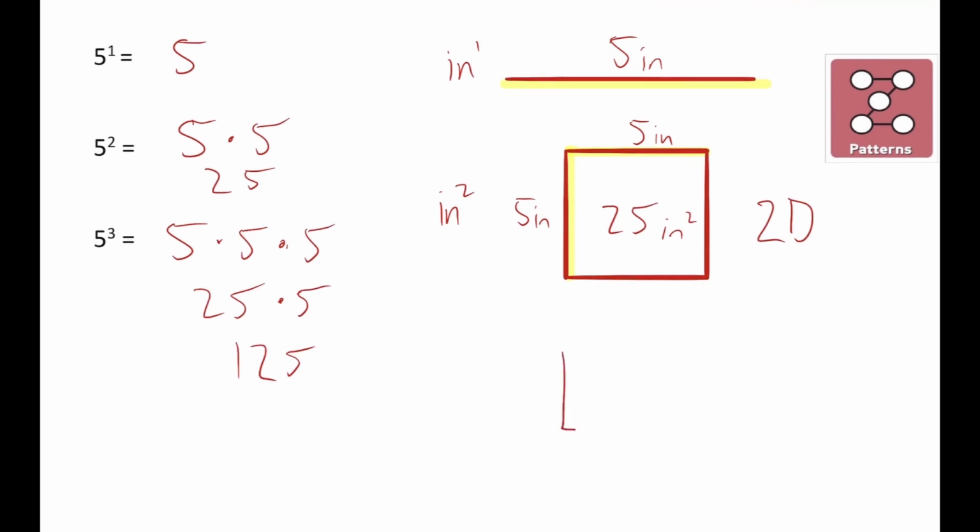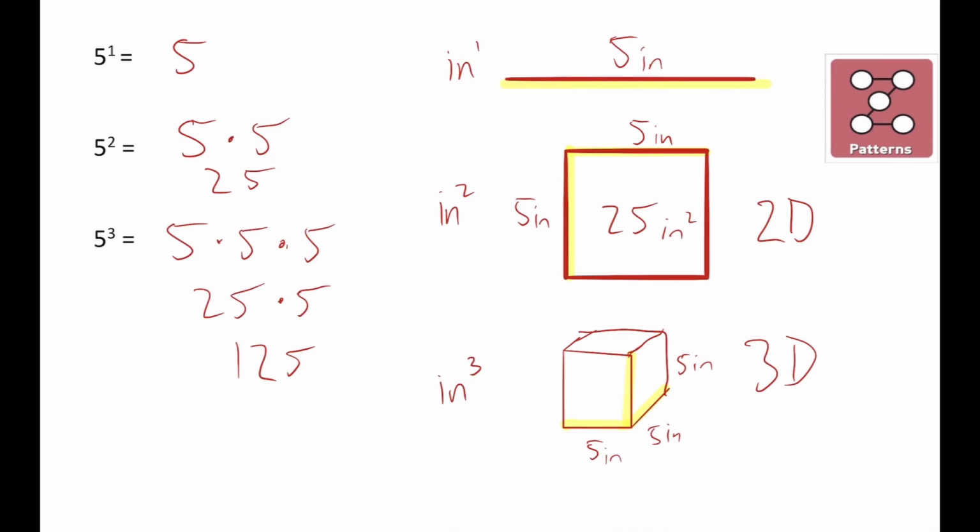Now, as you might guess, and I'm really not good at drawing this, but I'm going to try my best. If I were to draw a cube and say that that was 5 inches by 5 inches by 5 inches, now this is going in 3 directions. I have a base, width, and a height, or a length, width, and a height, right? So I have 3 dimensions, and this would be a 3-dimensional object, and this would be inches cubed.